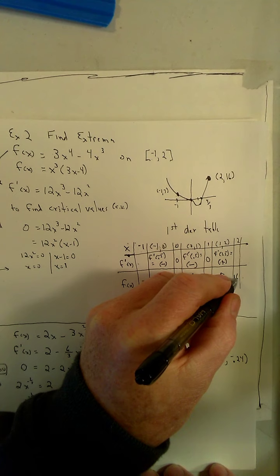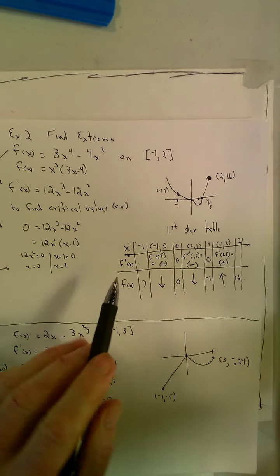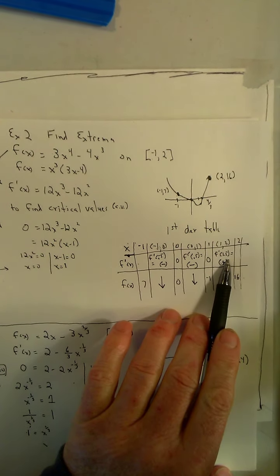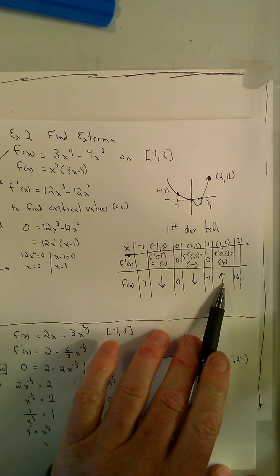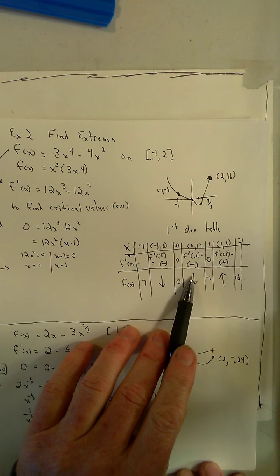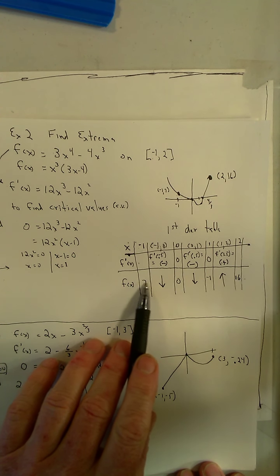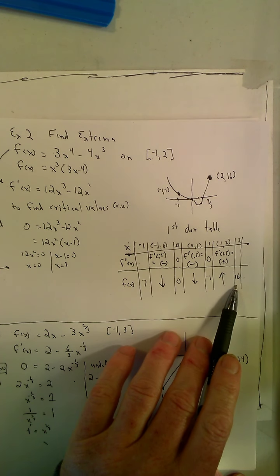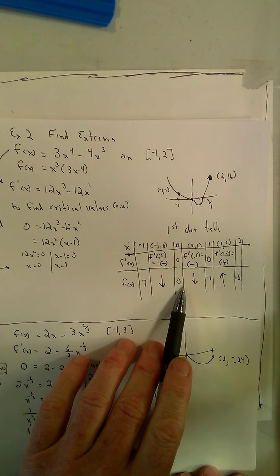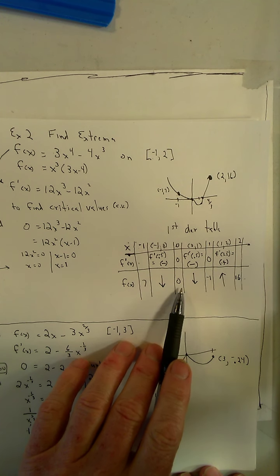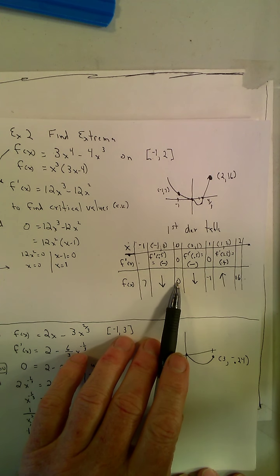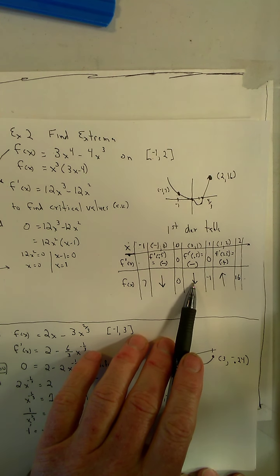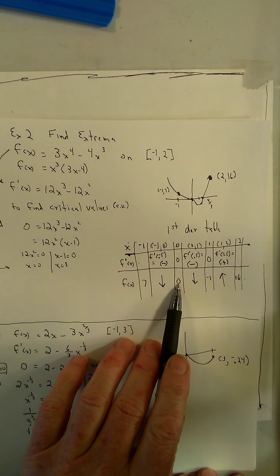So this is not a relative max or min. Decrease some more, get to -1, and then increase. So the function's going down, flattens out, and then starts to go back up again. So this guy right here is a relative min. At x equals 1, we have a relative min.